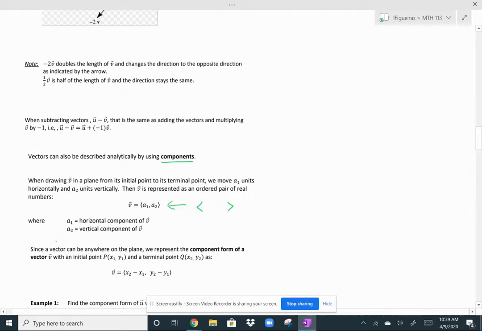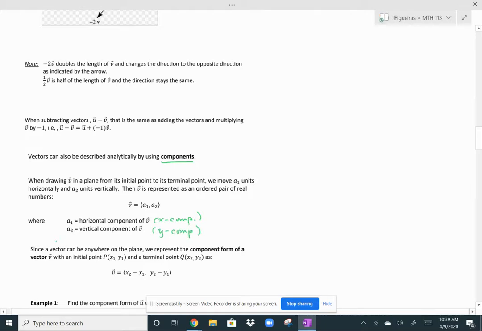These are considered to be the horizontal component of v and the vertical component of v. Sometimes instead of calling it horizontal and vertical, I might call the first one the x component, and the second one the y component, but they mean the same thing.